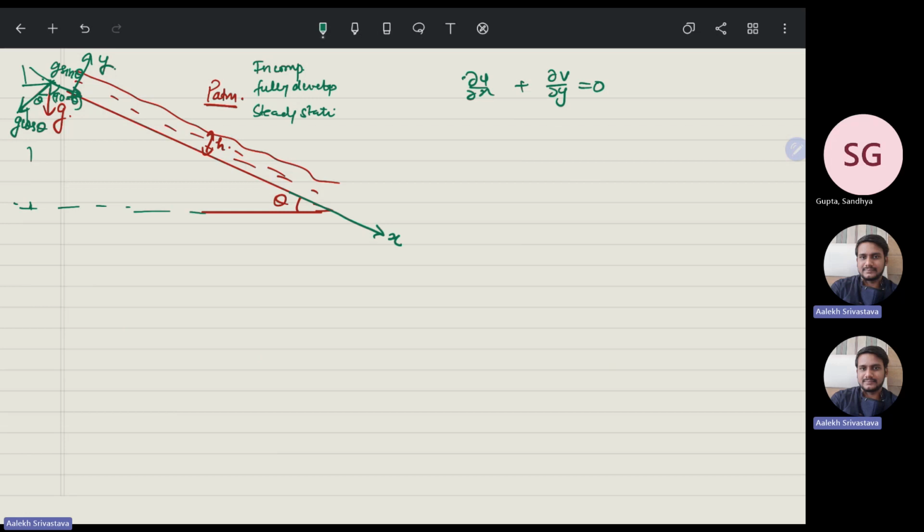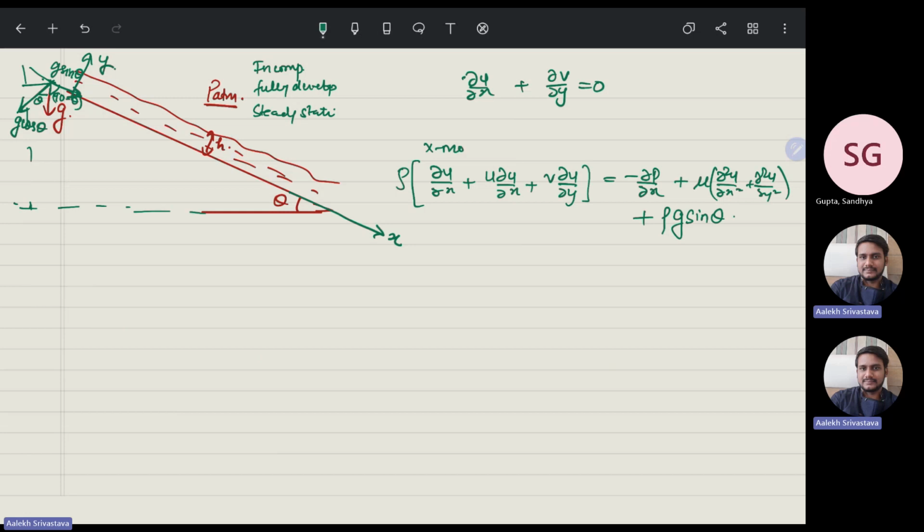Now the x momentum is rho into u del u by del x plus v del u by del y, that is equal to minus del p by del x plus mu into del 2 u by del x square plus del 2 u by del y square. Now in the x direction we have a gravity component, so it is plus rho into g sin theta.